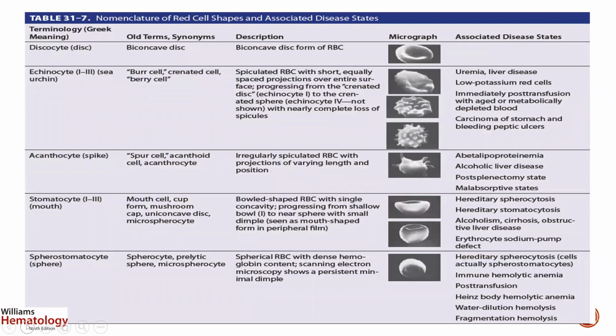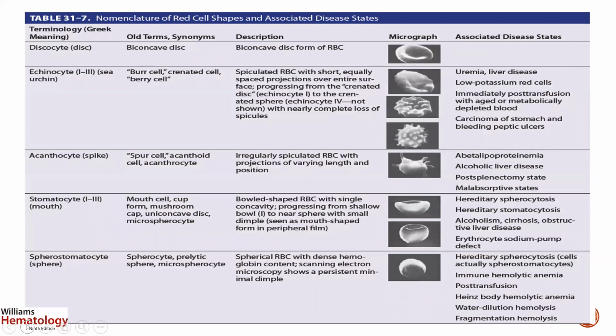So for example, burr cell or crenated cell or berry cell, which is called echinocyte, is represented by erythrocytes with short, equally spaced projections over the entire surface, progressing from the crenated disc to the crenated sphere with nearly complete loss of the spicules. Appears in cases of uremia or liver diseases, low potassium red cells, for example, carcinoma of the stomach and bleeding peptic ulcers.